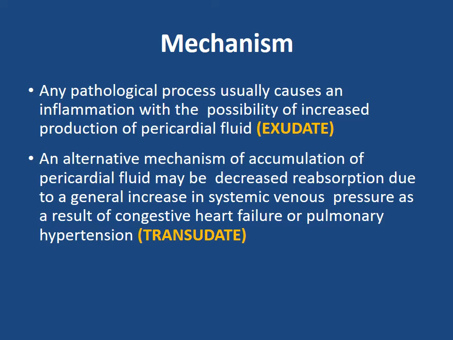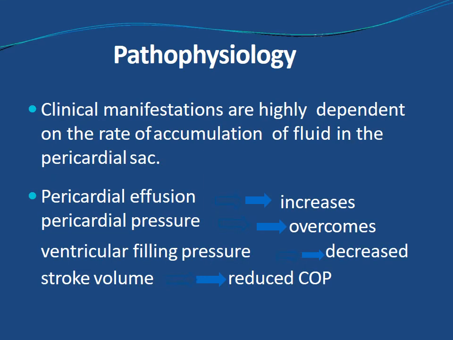An alternative mechanism is the accumulation of pericardial fluid by decreased absorption due to a general increase in systemic venous pressure as a result of congestive heart failure or pulmonary hypertension. In this type the pericardial effusion will be transudative. Pathophysiology is the same as we have discussed.